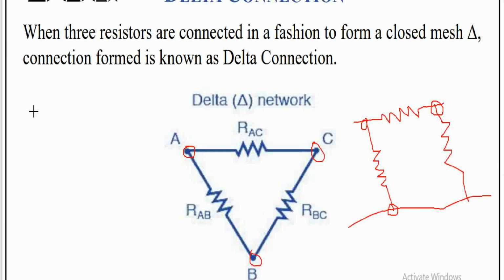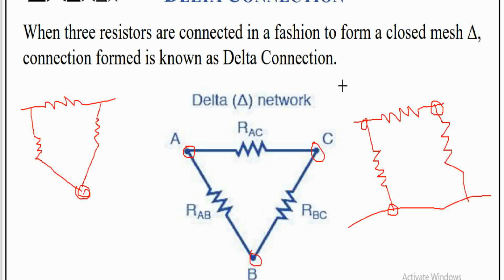So you can draw it like this also. This figure can be redrawn like this. If I redraw this circuit, this becomes a common point, and it looks like a delta.